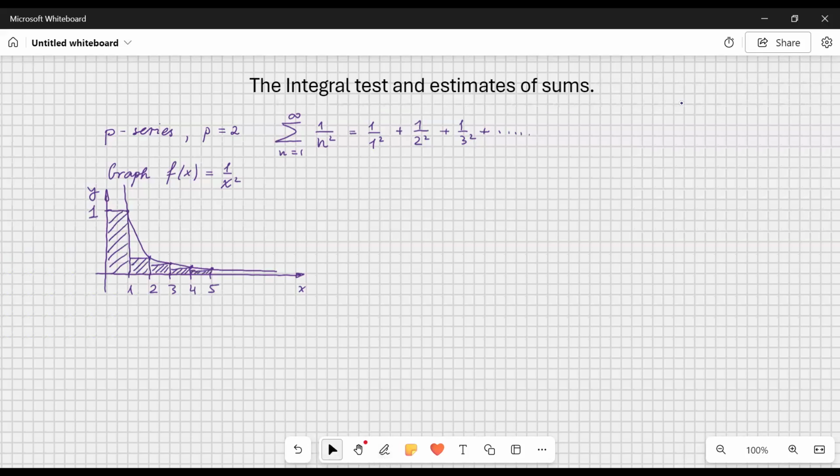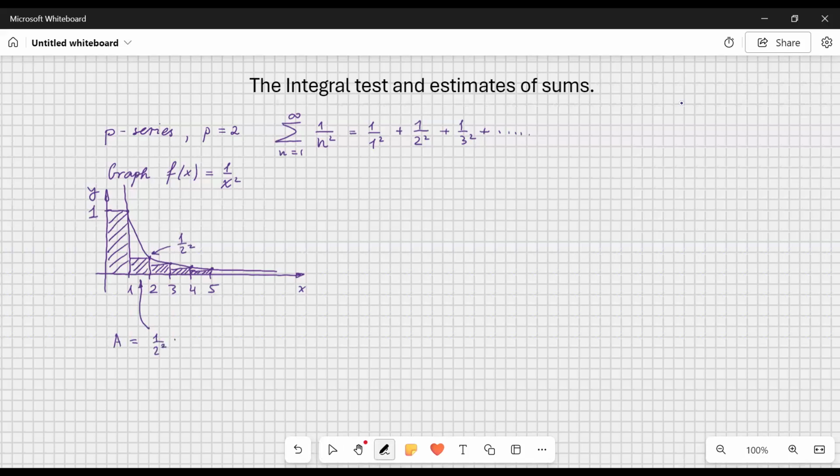Let's calculate the area of these rectangles. What is the area of one rectangle? I'm going to consider this one, for example. What is going to be the area of this rectangle? Well, we know that the area of a rectangle is going to be the width times the height. In our case, the height is going to be the value of the function at this point, which is 1 over 2 squared.